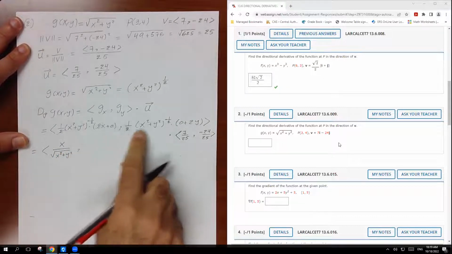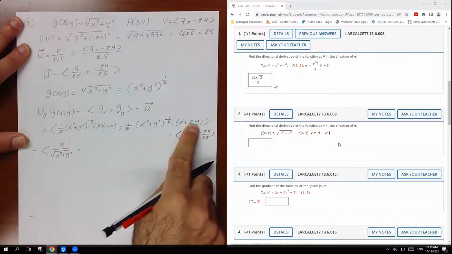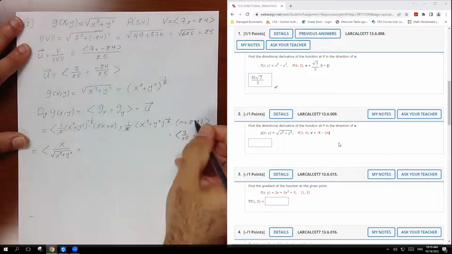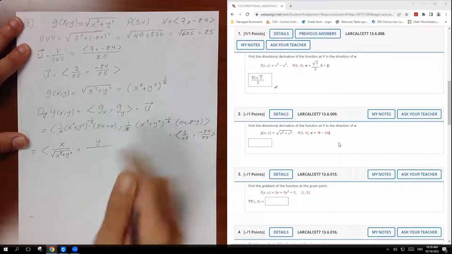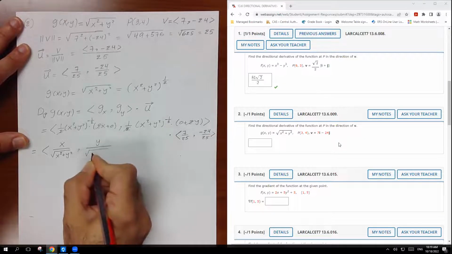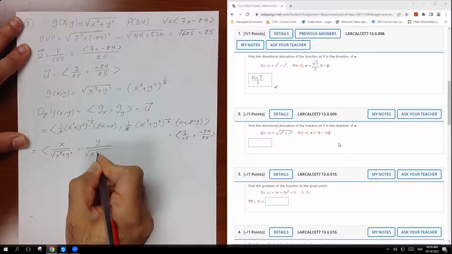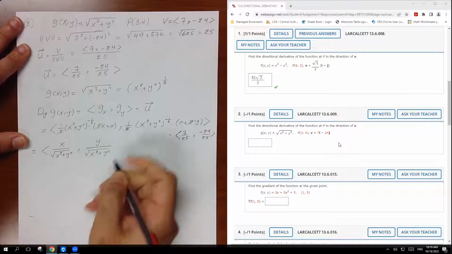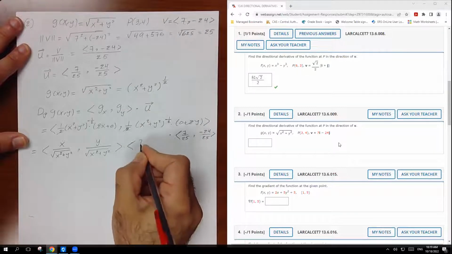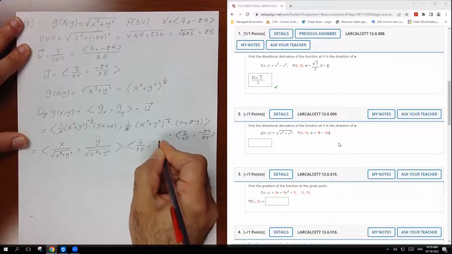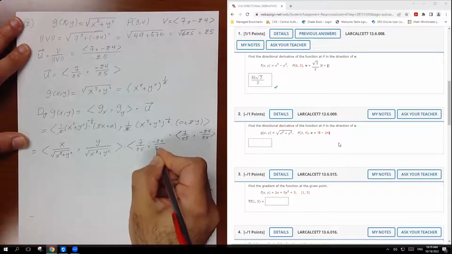The same thing here: cancel the 2, so y is on the top, over the square root of x squared plus y squared, times the direction vector, the unit vector, which is 7/25 and -24/25.